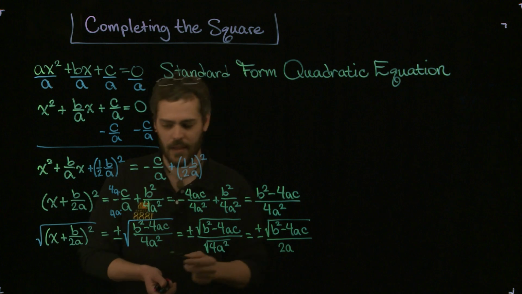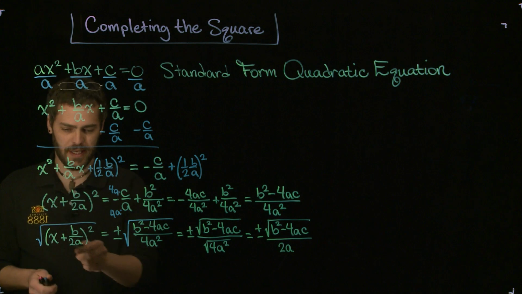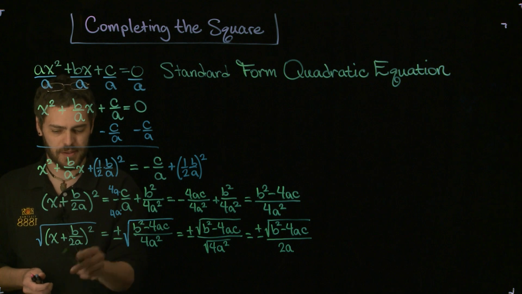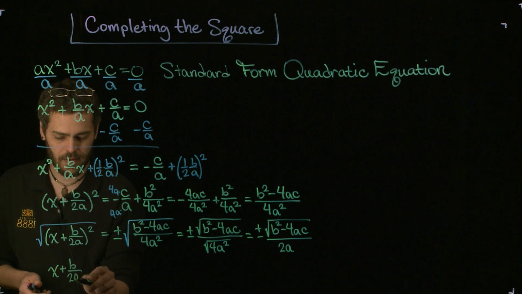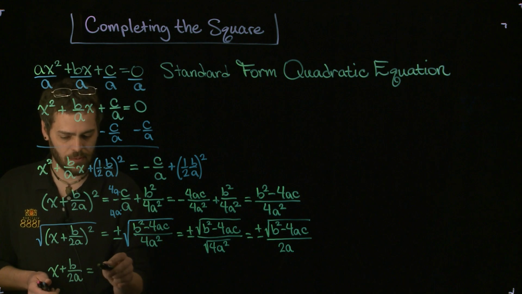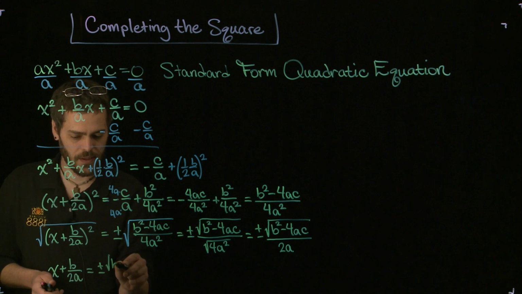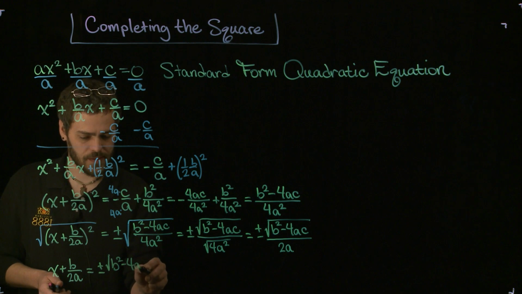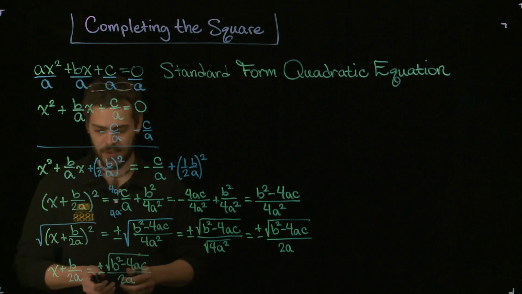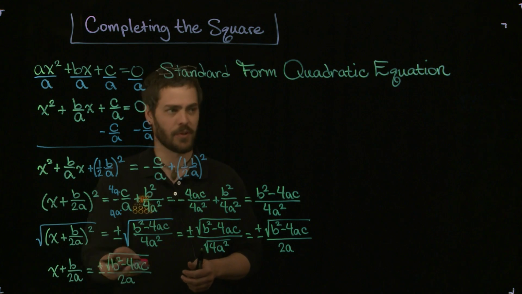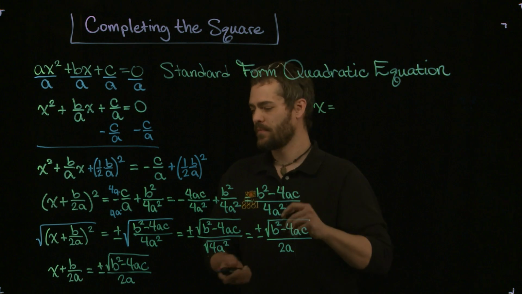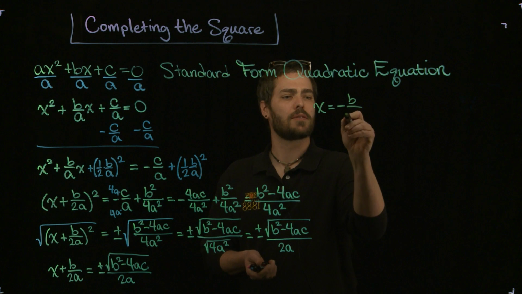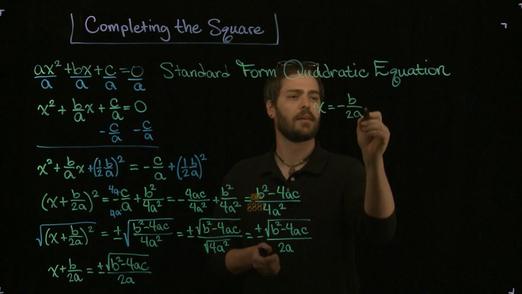2a. Now on the left side of the equation, all we have is x plus b over 2a because we've rooted this square. X plus b over 2a is then equal to what we came up with over here, plus and minus the root of b squared minus 4ac all over 2a. So we're almost there. All I need to do is subtract b over 2a from both sides of this equation. And that leaves us with the following. X is equal to negative b over 2a. I've subtracted it from both sides.